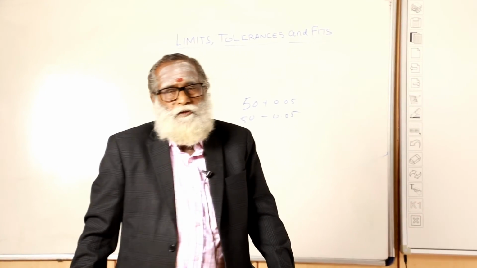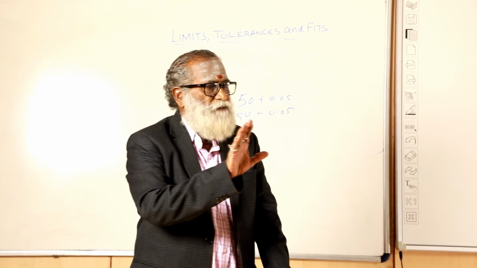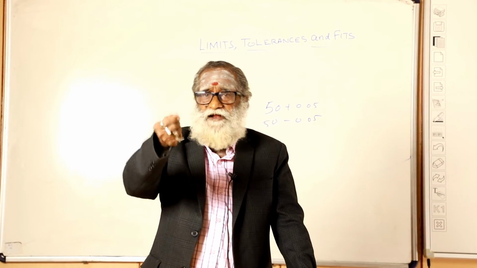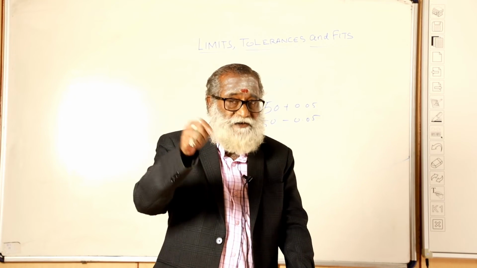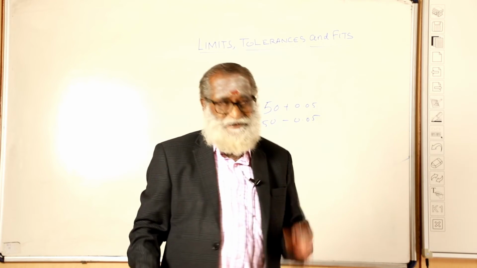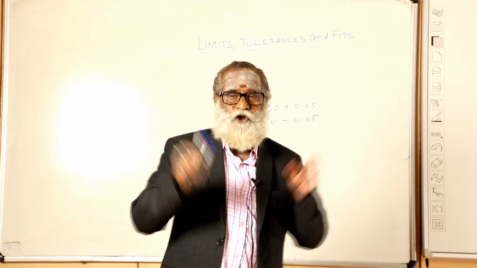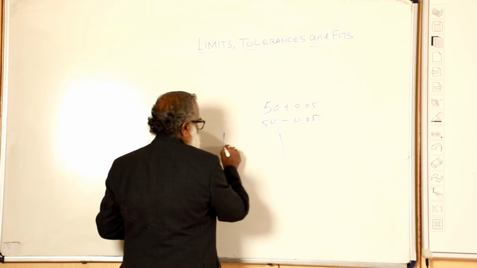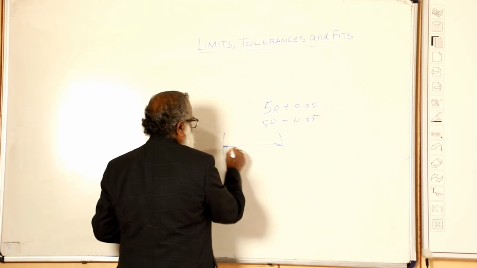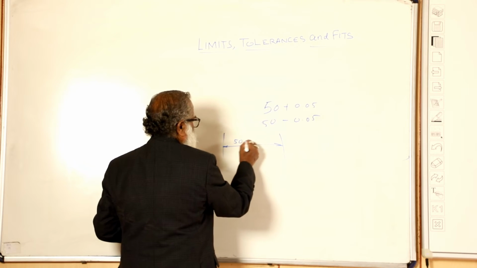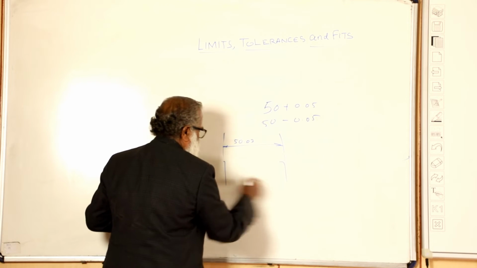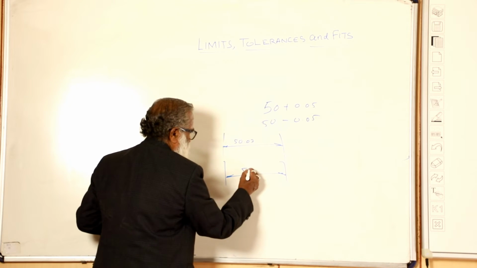So, now you have gone through the topic of the limit and its necessity. This is reflected in the drawing. I said earlier, the basic size and the design size. In the working drawing, when you give a dimension of an object, we give it like 50.03. Suppose I give a dimension only like 50.